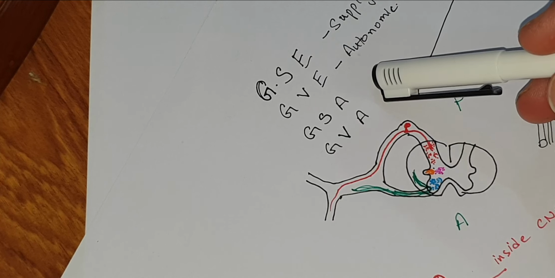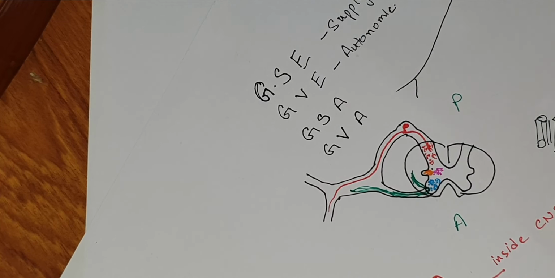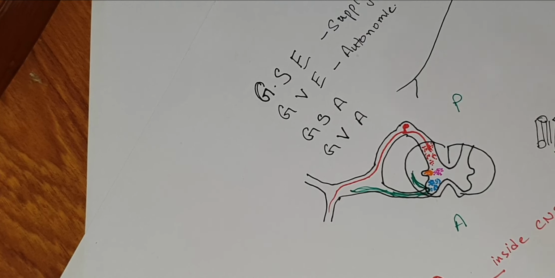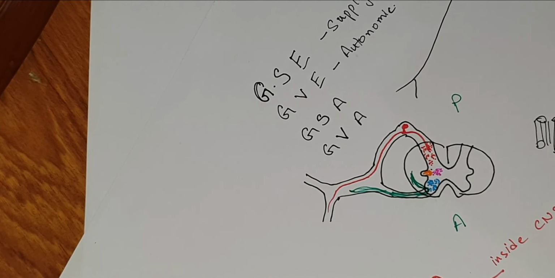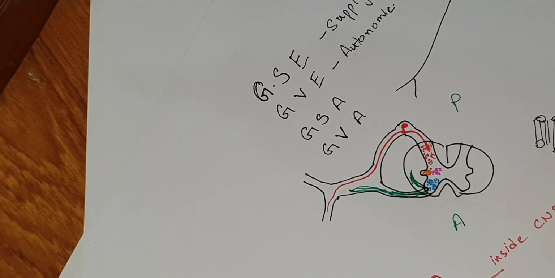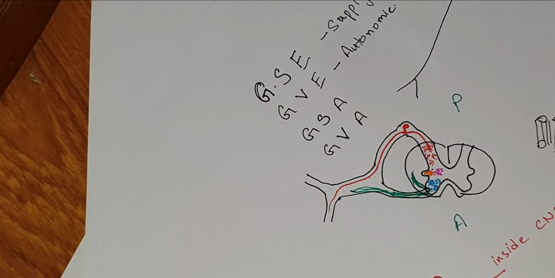Visceral pain usually occurs due to two or three reasons. One is chemical irritation. For example, if you take spicy food, it can cause heartburn. Heartburn is basically the pain sensation which arises inside the stomach or the esophagus due to overeating of spicy food.